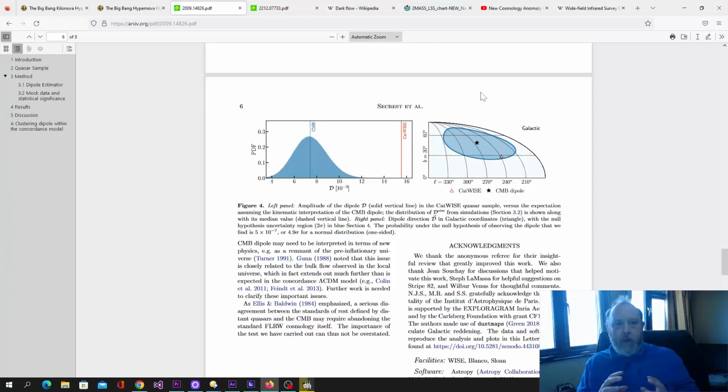So let me present the Lambda CDM model, and then I'm going to present the Big Bang Kilonova Hypothesis model.